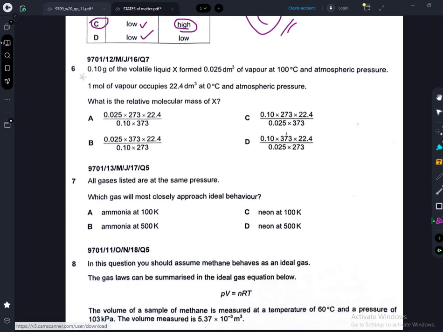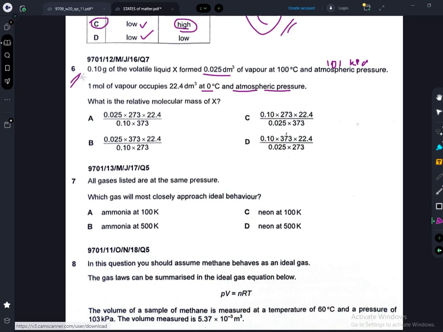Question number 6 is again very tricky. 0.10 gram of volatile liquid X formed 0.025 decimeter cube of vapor at 100 degrees C and atmospheric pressure, which is 101 kilopascal. 1 mole of vapor occupies 22.4 decimeter cube at 0 degrees C and atmospheric pressure.